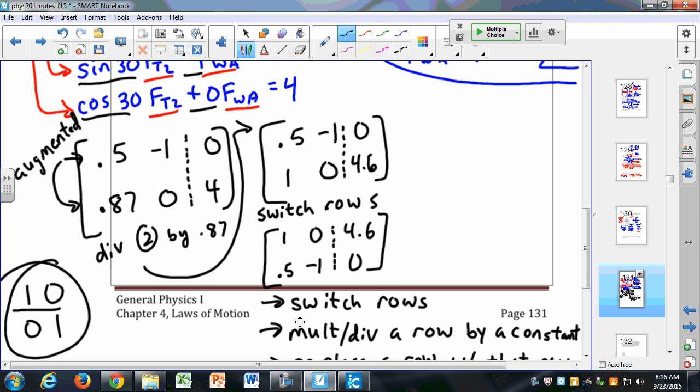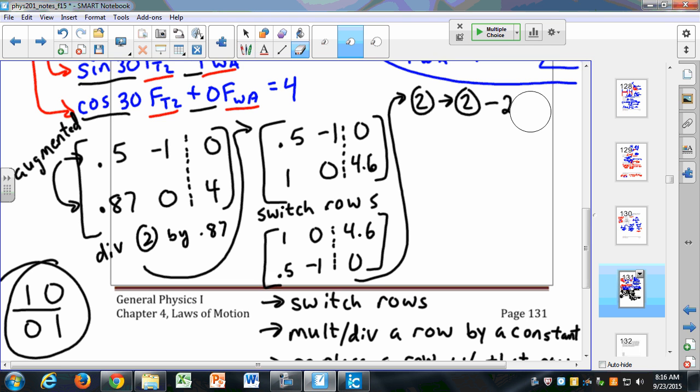Now, let's see. The next thing I could do, and you might do this slightly differently than I would, is replace row 2 with row 2 minus half of row 1. Let me show you. Row 2 will become row 2 minus half of row 1.